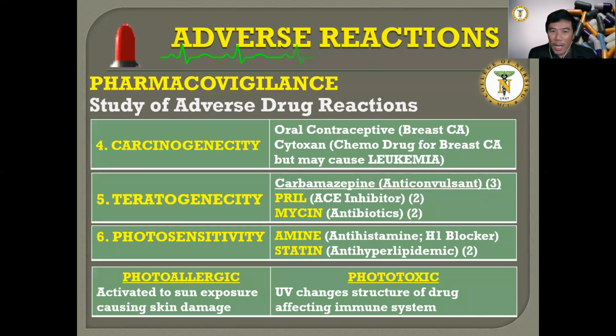Phototoxic, usually, is when the UV or ultraviolet rays change the structure of the drug, affecting the immune system. This can trigger what I mentioned earlier, disease-related disorders like lupus and Stevens-Johnson syndrome, in patients who are taking the drugs.